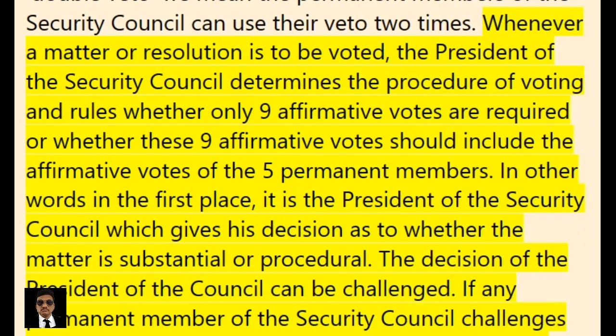In other words, in the first place, it is the President of the Security Council which gives his decision as to whether the matter is substantial or procedural.